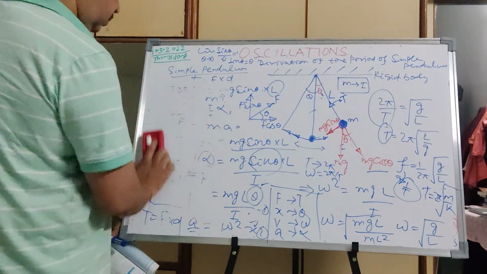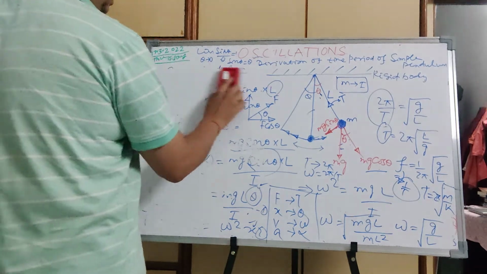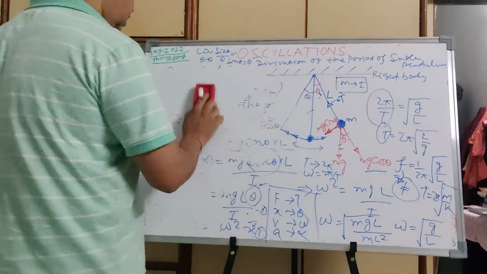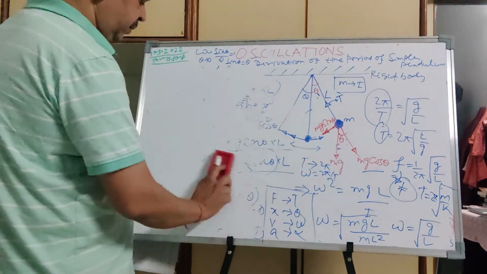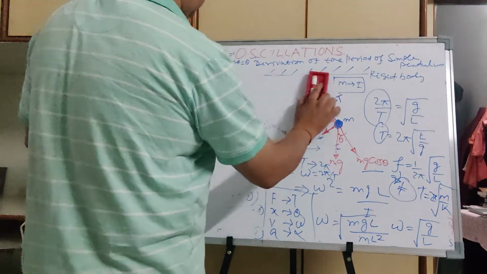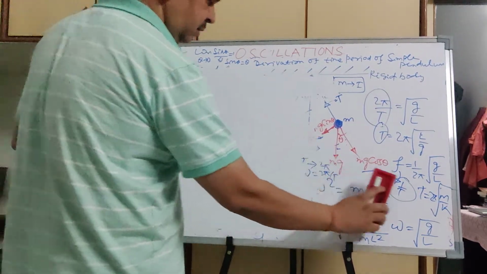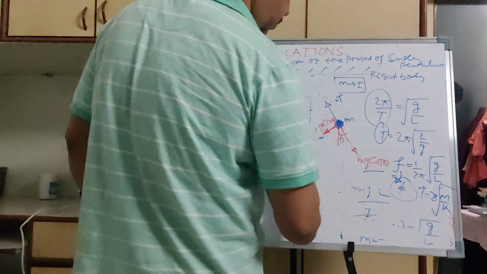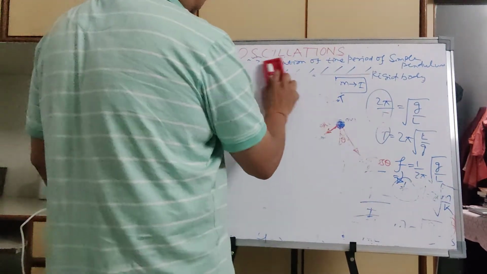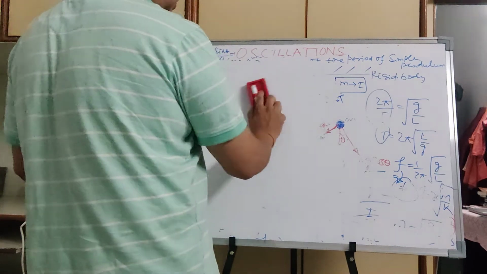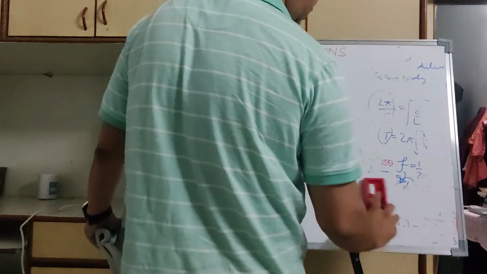So, you know what is the importance of torque, what is the importance of force. When you are opening a door, if you apply the force at a distance from the hinges, where the door is hung, the more the distance from the hinges, the lesser the force you have to apply to open the door.